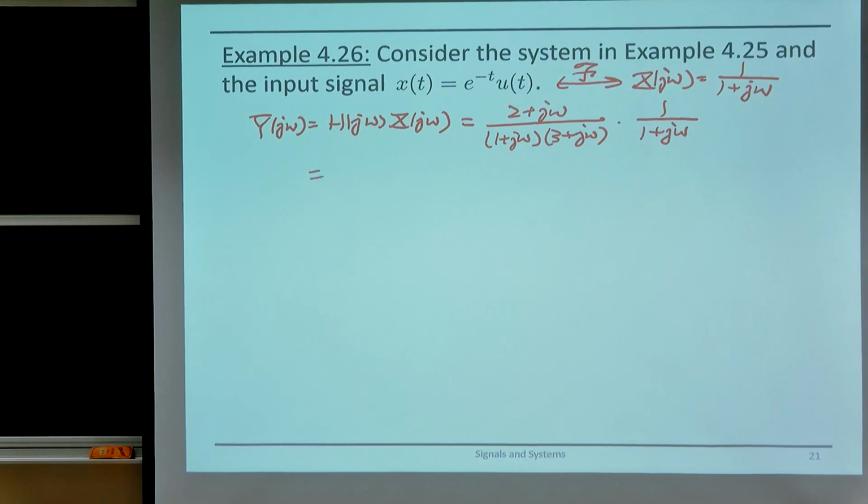So this term is the same as this term, which gives you a square on this term. So we have (2 plus j omega) over (1 plus j omega) squared times (3 plus j omega).